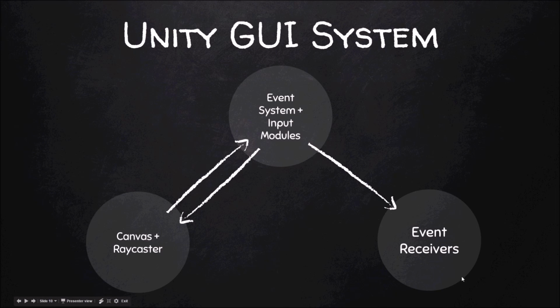Then we have our own event receivers which are waiting to hear about those events for a particular GUI element, and these will be fired when that event happens, and these will drive our gameplay or logic attached to the game.